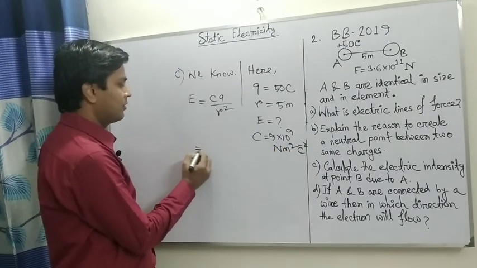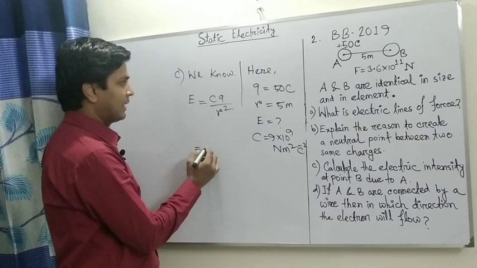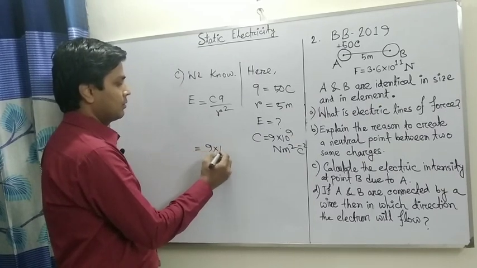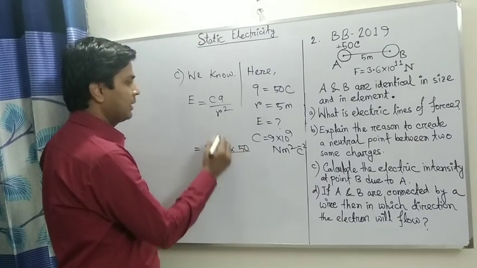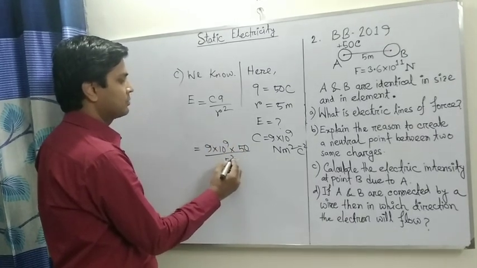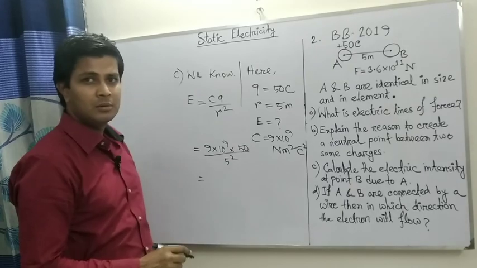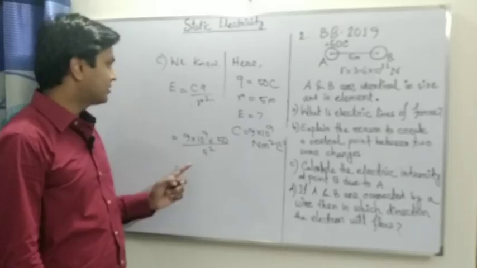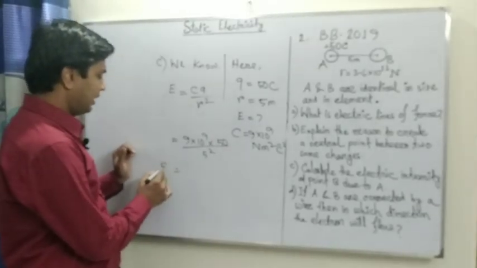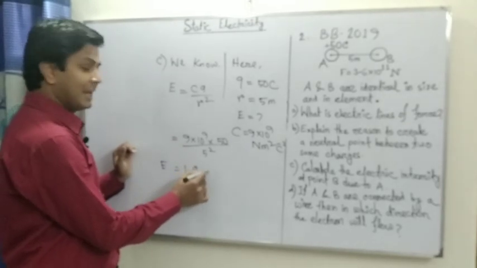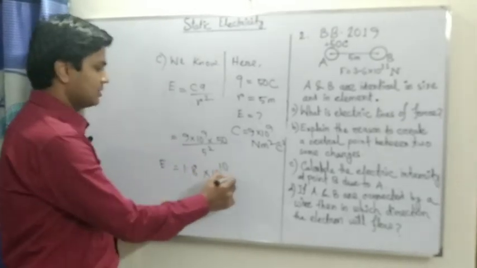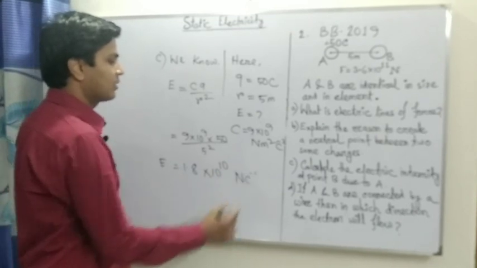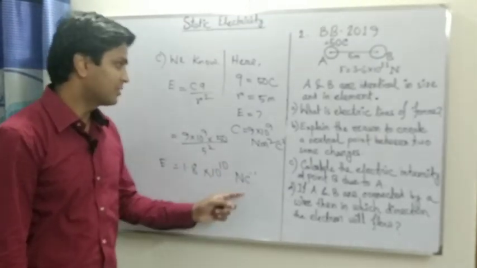If we put the value of C, Q and R, then we can write 9 into 10 to the power 9 into 50 divided by 5 square. The answer of electric intensity E will be 1.8 into 10 to the power 10. The unit of electric intensity is Newton per Coulomb. That is the answer of question number C.